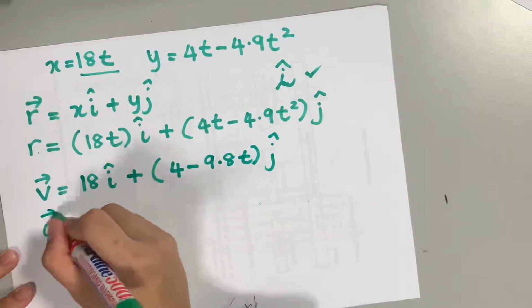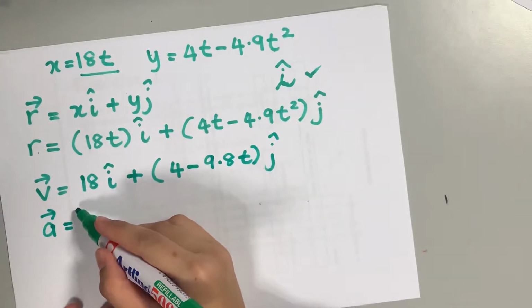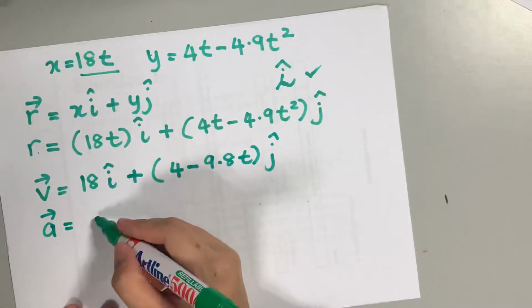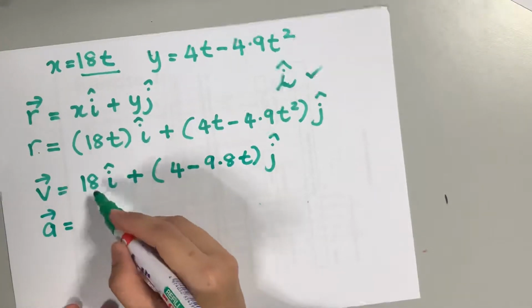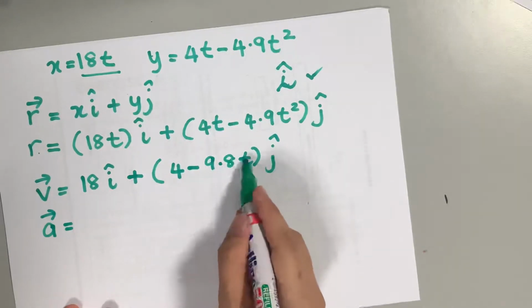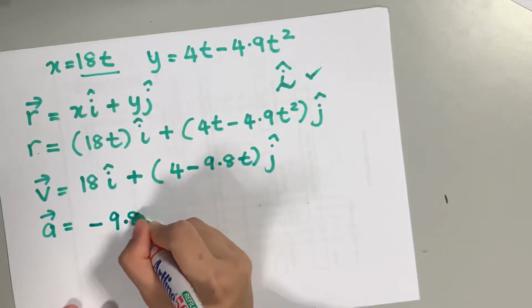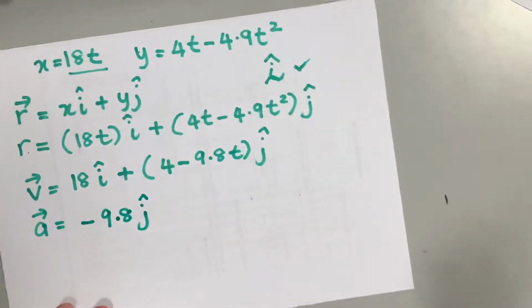And the last one is acceleration vector. So 18i, you differentiate, you will get nothing, 0, because there's no unknown here. This one 4, plus 4, nothing, left with this one, right? So negative 9.8 j. That's all.